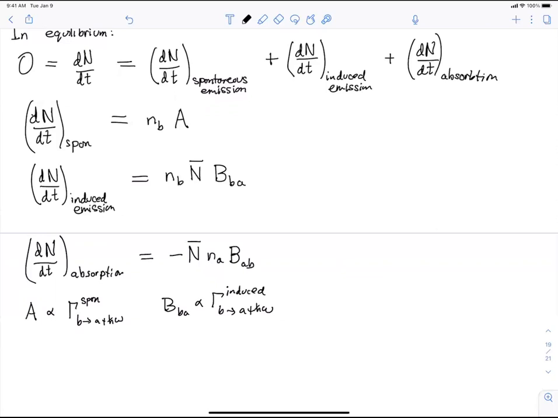But there's something very important here, which is notice that when we wrote down our constant of proportionality, we already factored out the number of photons, which was, when we computed this thing, present in the formula. So to account for that, I have to divide by n. Okay, and then similarly for BAB, that's proportional to the absorption rate. But when we computed that, that had a factor of n. But notice right here, I've already included the n that it's proportional to. So here I need to write divided by n.